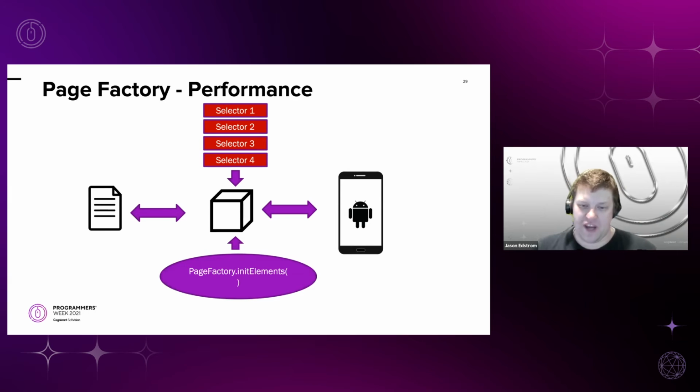So we make our Page Factory init elements call, but now we have to go through the process of grabbing every single element that we call out, and every single one of them has to be taken care of. So if one of those elements is dynamic, or if it's stale, you get into this really unique, really unfortunate scenario where either the page model doesn't fully instantiate, or you will have stale elements when you finally get to it. So now that we've done all of that, we can now use the single interaction reuse.